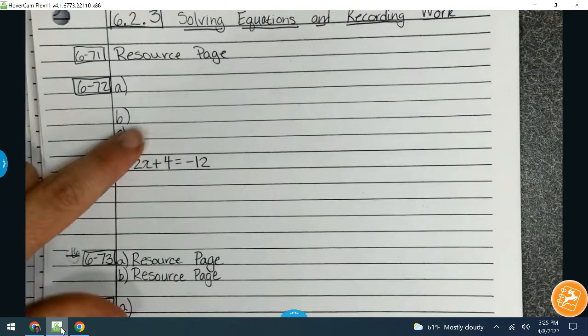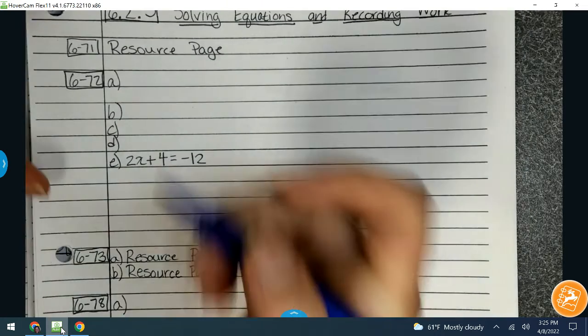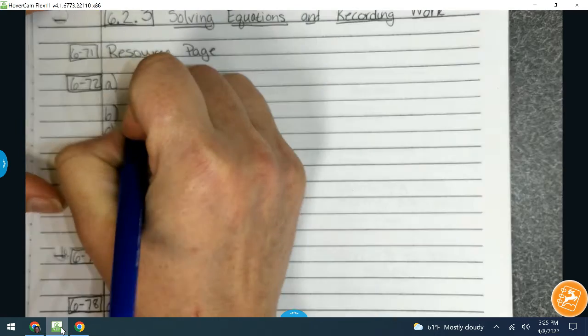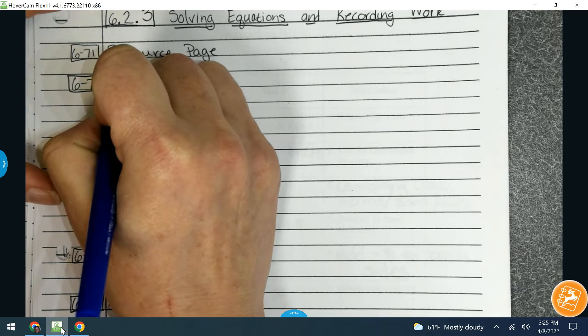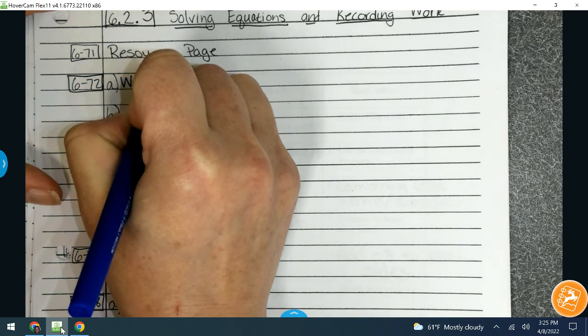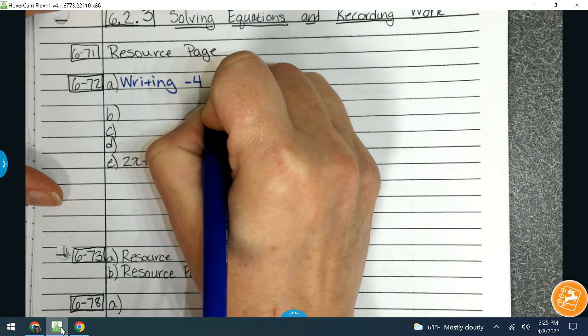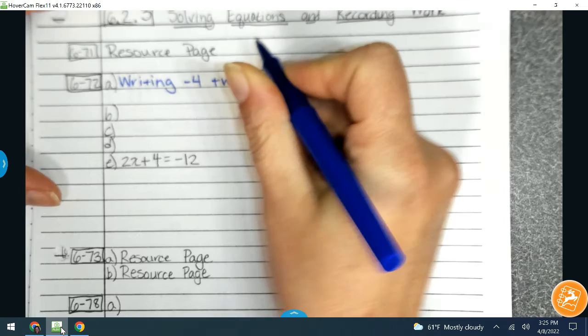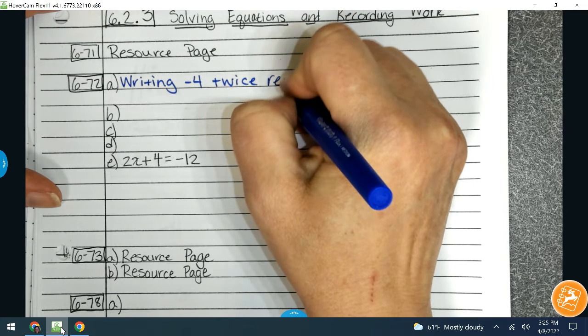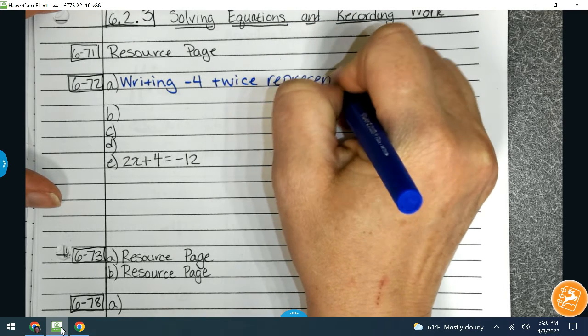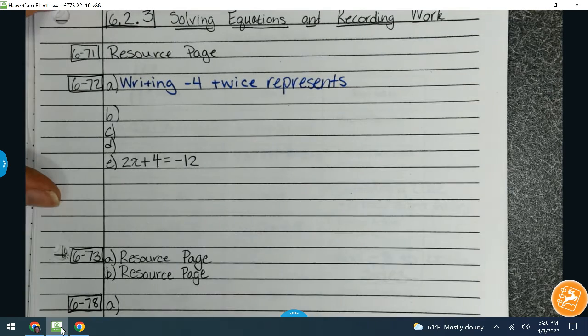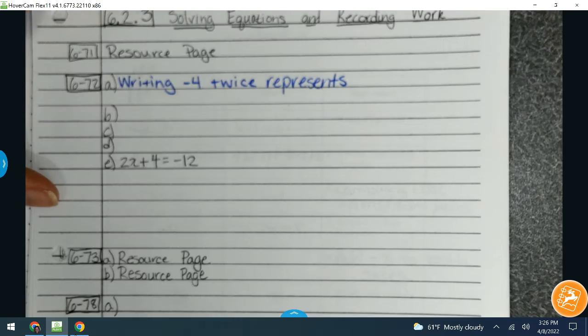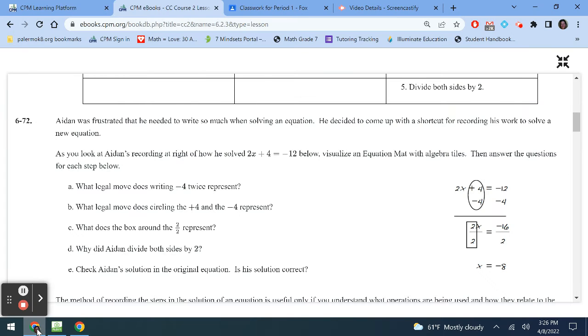I better turn back because I need to record on my paper. All right. So that legal move, writing negative 4 twice, represents adding negative 4 to both sides.